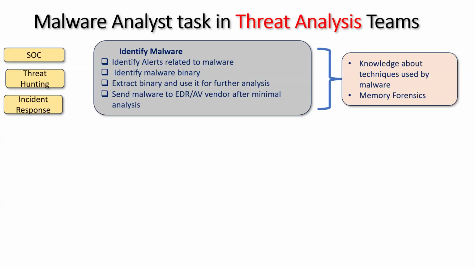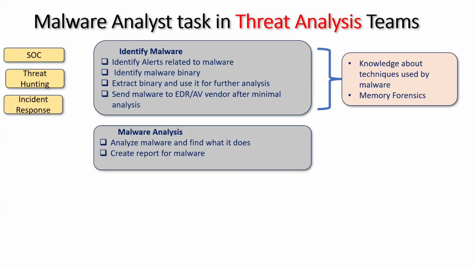To perform this kind of activity, the analyst should have knowledge about techniques used by the malware. They should have knowledge about malware forensics, which includes memory forensics. Next is also they have to carry out some basic malware analysis. They are required to analyze malware and find what it does and create a report for that malware.